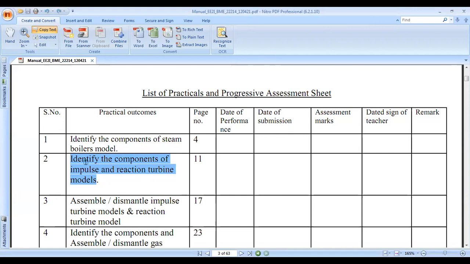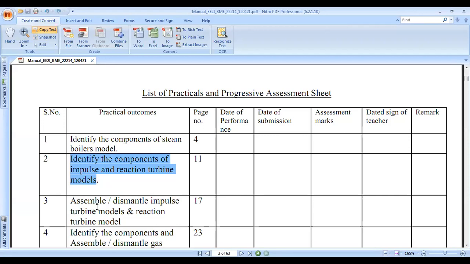Identifying the impulse turbine components is your second practical, and identifying the reaction turbine components is your third practical. So today we're going to complete our three practicals in this session, because the second practical is a combination of your second and third practical.